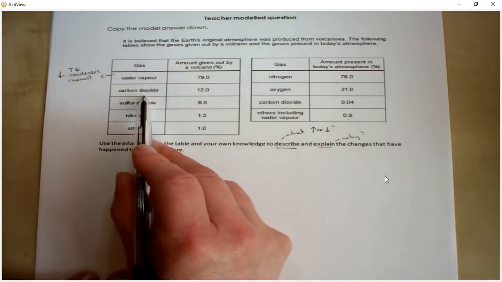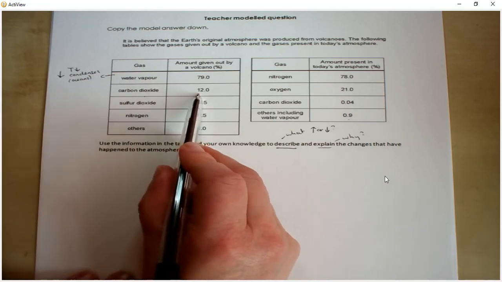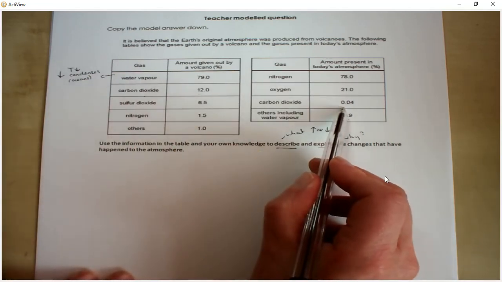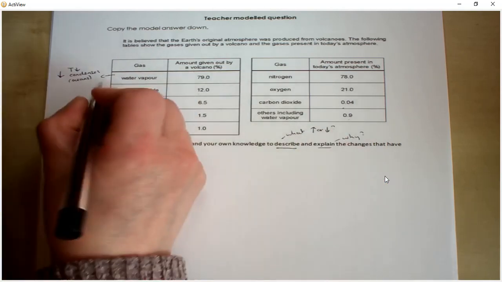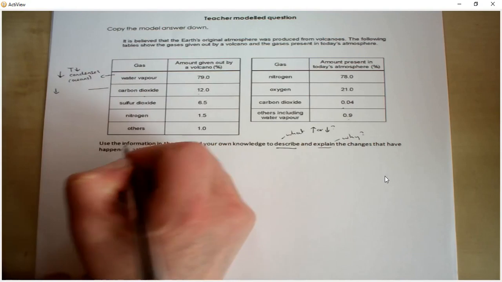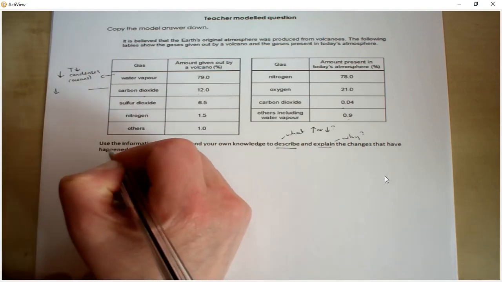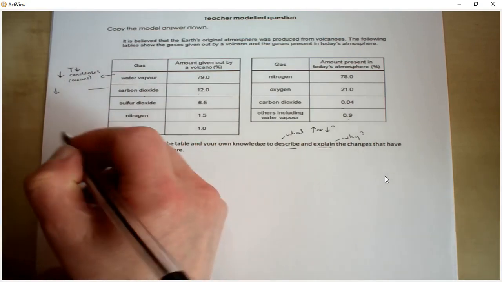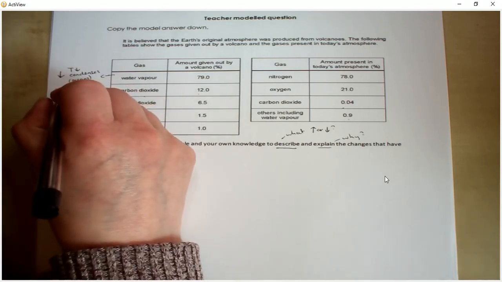Okay, if we look at the carbon dioxide, so we've got 12% given out by a volcano and we've only got 0.04% in today's atmosphere. So that's gone down. And the reason that's gone down, so there's multiple reasons for carbon dioxide. First of all, when the oceans formed, it dissolved.